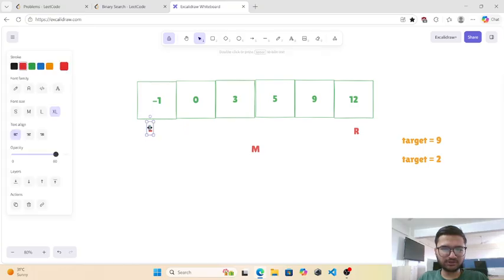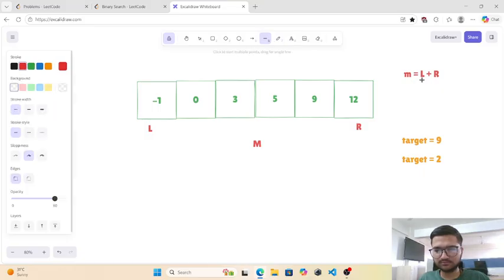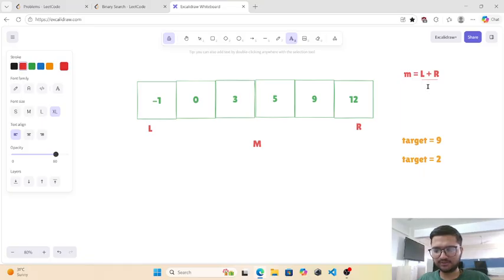Left starts from the zeroth index and right starts from the last index, and middle is the middle value of left and right, which means middle equals left plus right divided by 2. This is the middle value, the m value.